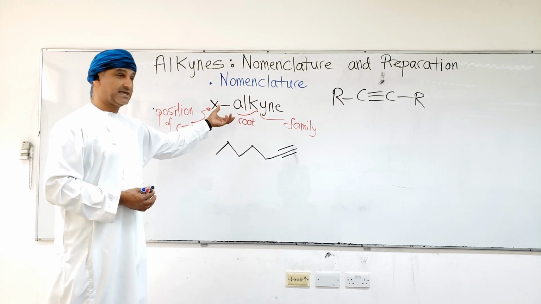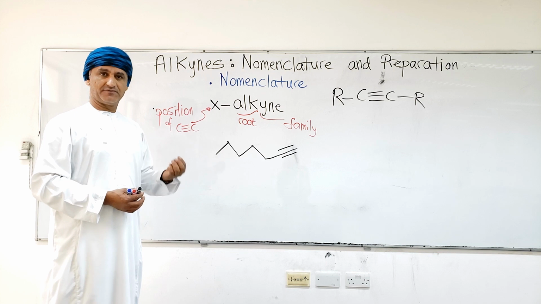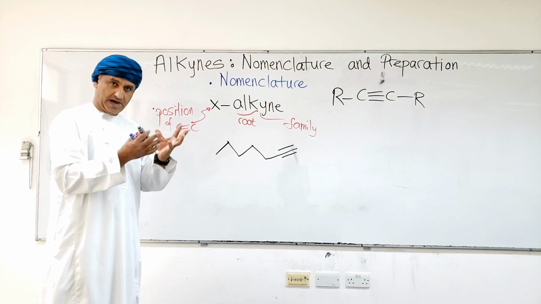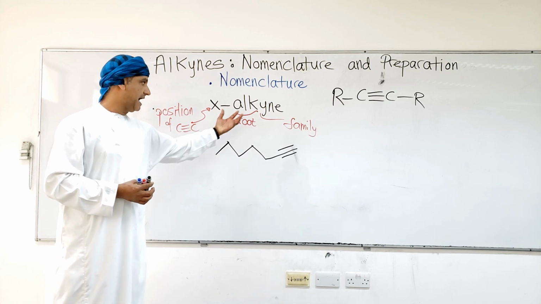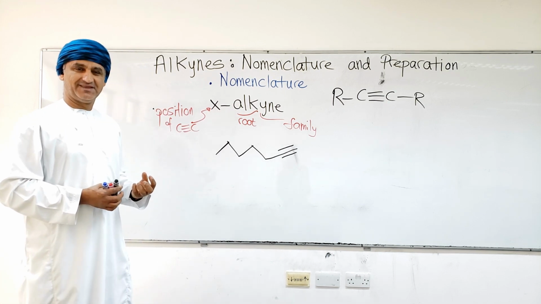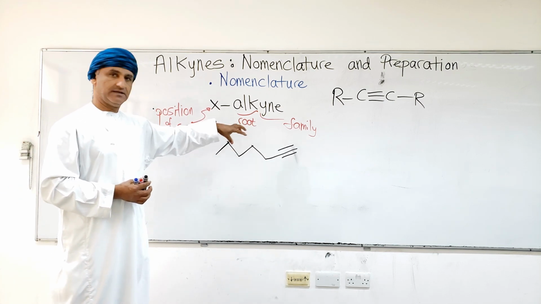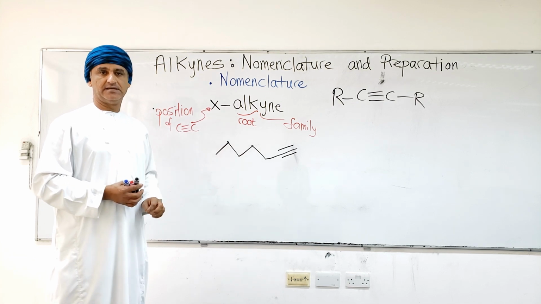Therefore, the alk part, or the root, is 7, which is hept. So it's hept and then ine, to reflect the functional group that is present in this compound.